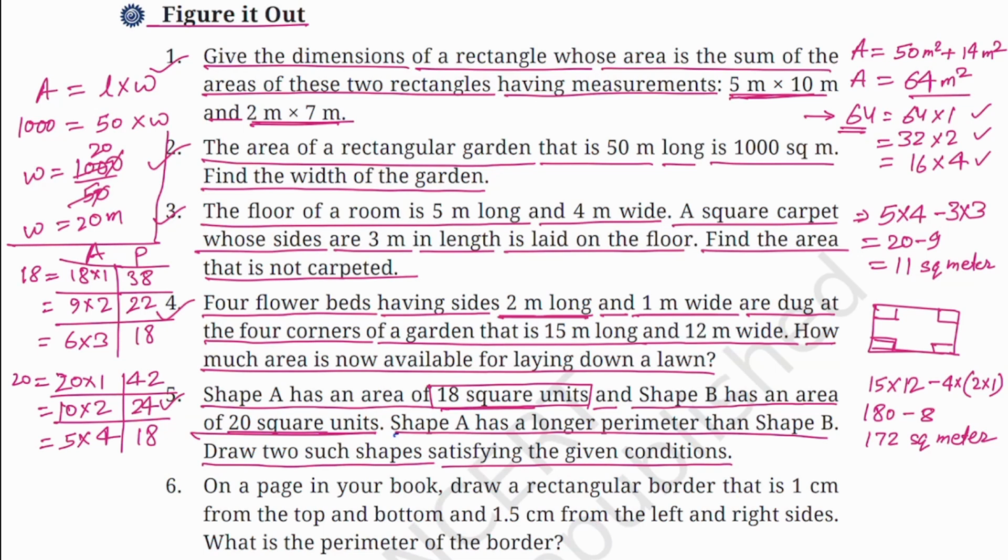Since in question it says, shape A has longer perimeter than shape B, for this case, you can take this and this. For shape B, you can take length 10, width 2, such that perimeter will be 24. And for the shape A, the length 18 and width 1, such that perimeter is 38.